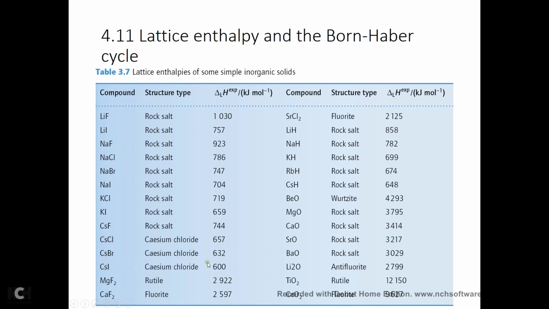Therefore we predict this lattice enthalpy is greater than this one, greater than this one, greater than this one. Again, if we look at the distance, these two are closer to each other, and then we have a larger lattice enthalpy. So in general, we look at the charges, and we look at the distance between the cation and anion.